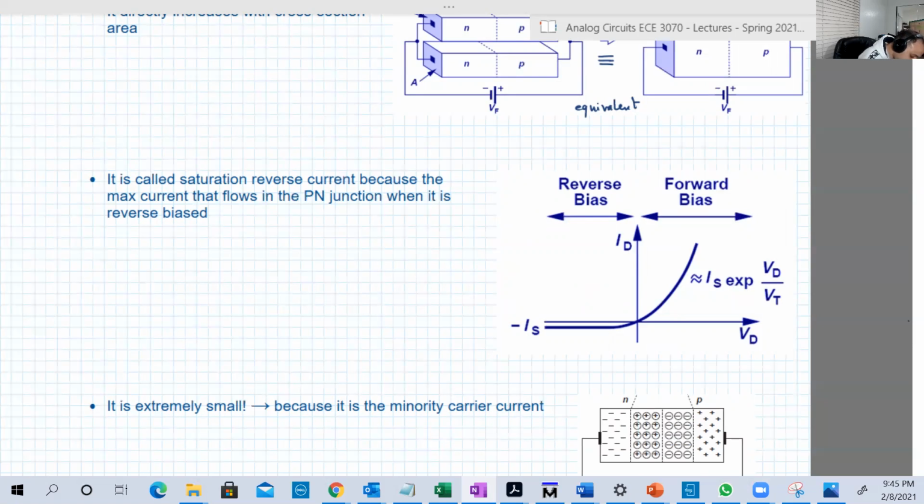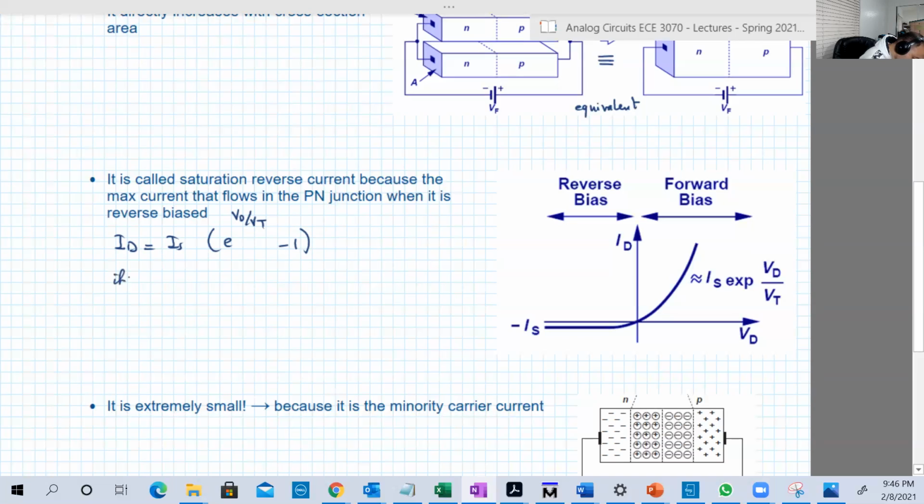Basically, we know that ID equals Is times e to the power VD over VT, minus 1. We're going to put a reverse bias, a reverse voltage.